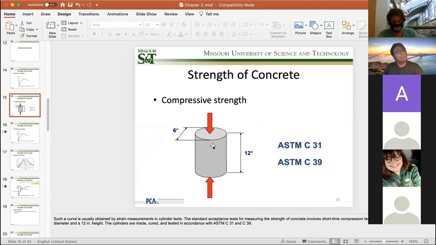I forgot to mention, usually we test concrete cylinders at different times. We have the 3 days and 7 days, which are called early age strengths. Basically, we need to know whether the concrete is good or not.